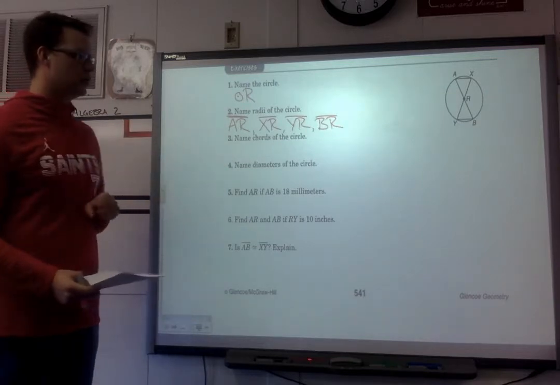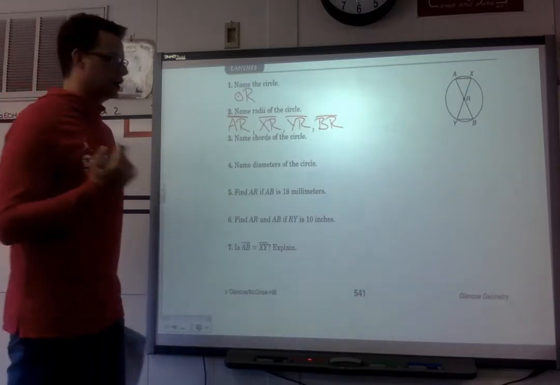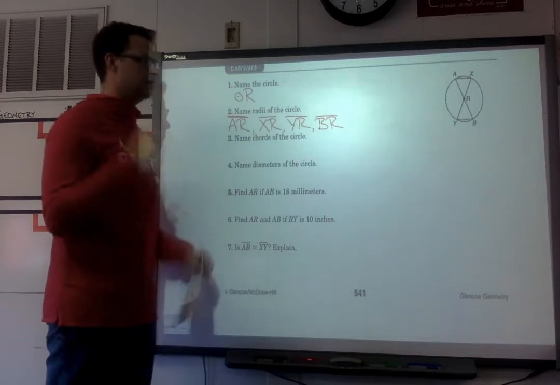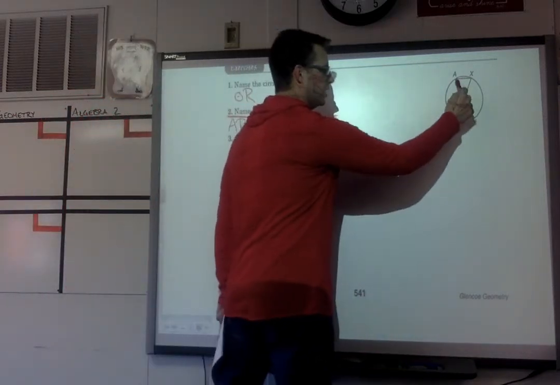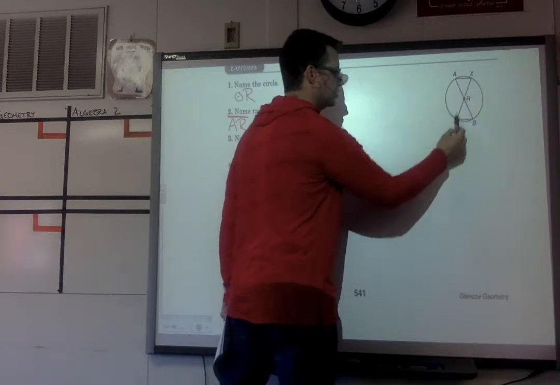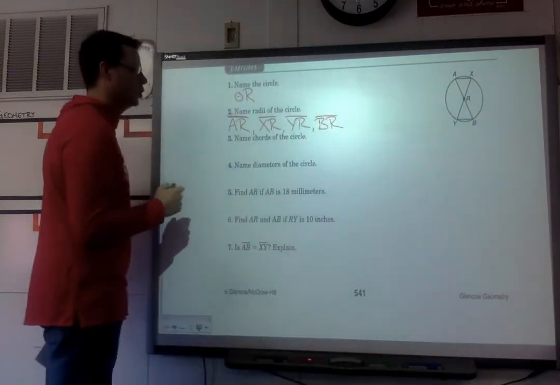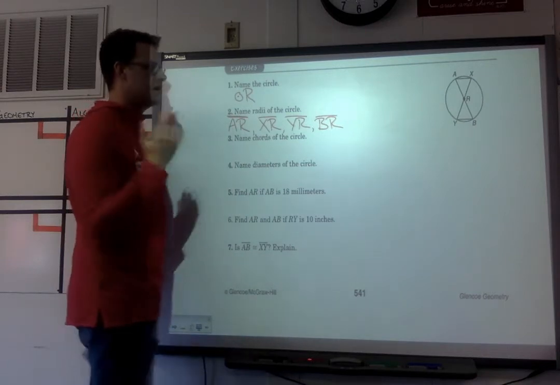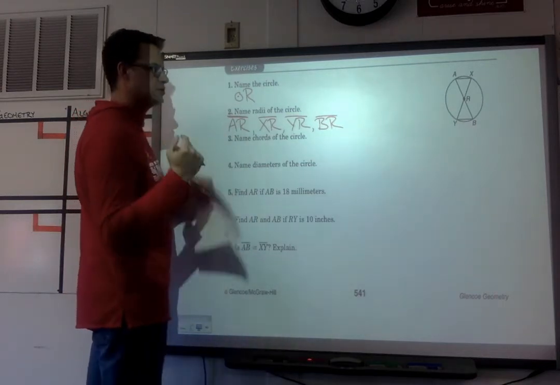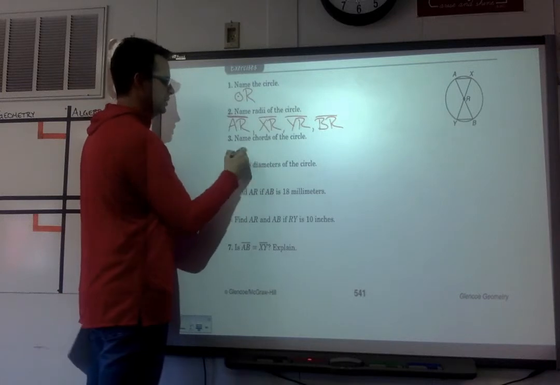Next, name the chords of the circle. Again, a chord is any segment that both ends lie on the circle. So here we've got 1, 2, 3, 4 chords on this circle. They would be named just like the radii. We would do it by the 2 endpoints with a line over the top.